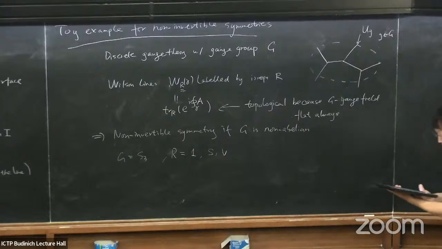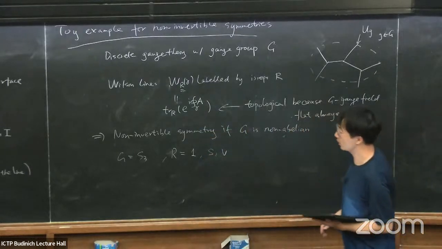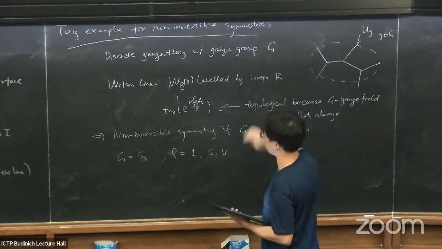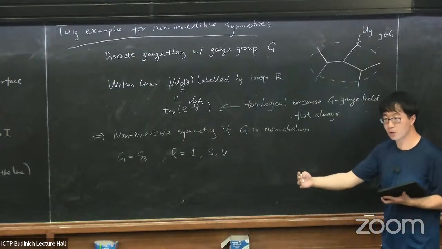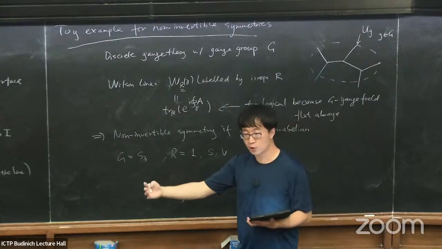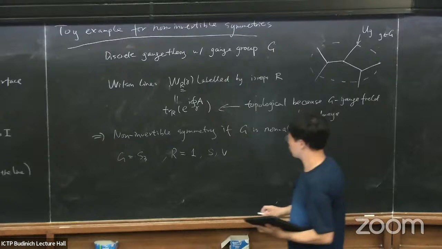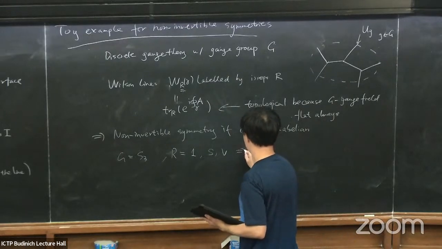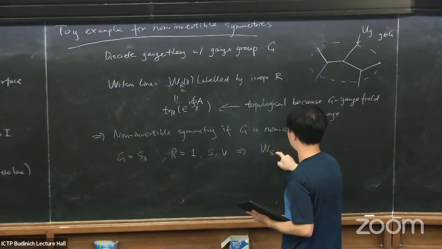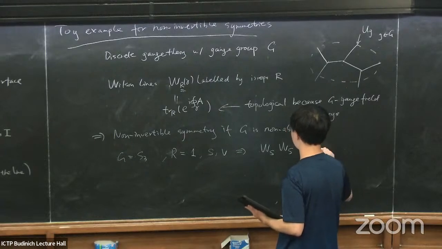As is true for Wilson loops in general, you can decompose at the level of the representation data associated with the gauge group. We can decompose the fusion product between 2 Wilson loops into Wilson loops labeled by the representations that appear in the tensor product. In particular, the Wilson loop associated with the sign representation, when you fuse it with itself, you just get the identity.